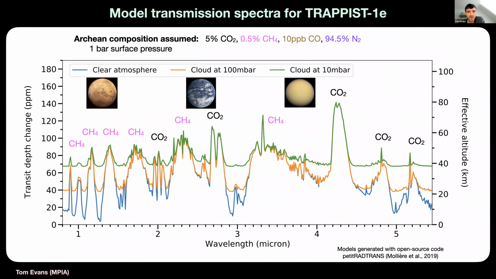And then the 10 millibar case might be something a bit like a Titan-like hazy atmosphere scenario. But to emphasize, I've made no assumptions about the cloud or haze compositions. And in reality, it's worth stressing that aerosol opacities will often have that wavelength dependence, such as the slope that we saw on the previous slide from the physically motivated models.